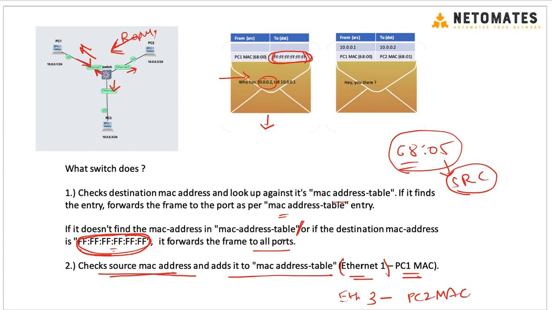This type of packet we call unknown unicast, meaning we don't know where this particular MAC address is.